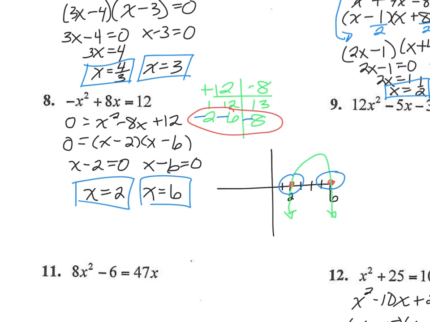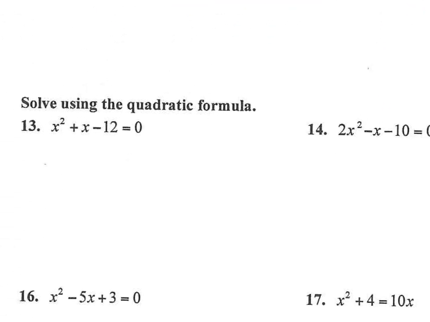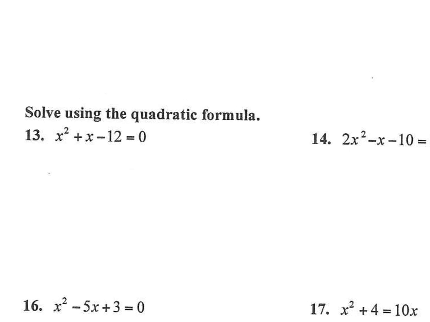Okay, so let's move on to the next section, which is using the quadratic formula. So before we get into these, let's talk about that quadratic formula. So you're going to be using a general form of a quadratic, standard form, which is ax squared plus bx plus c equals 0, because we're going to let our y value be 0, because that's where we're focused, is where the graph crosses the x-axis.